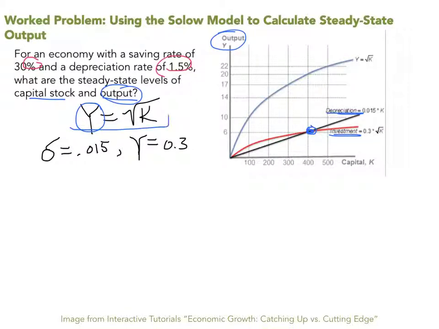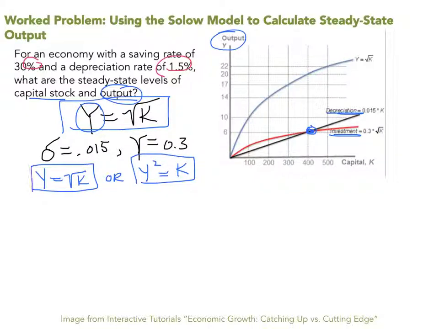It's worth restating this. We've got y equals square root of k, which is the same as, if we square both sides, y squared equals k. So now we have all the different forms of y and k that can be substituted into each other. The general idea is that we want to set the depreciation function equal to the investment function.